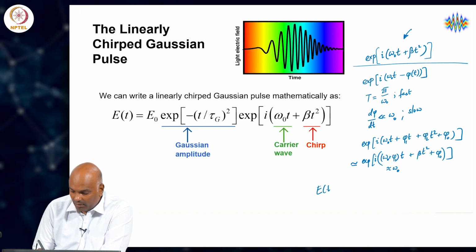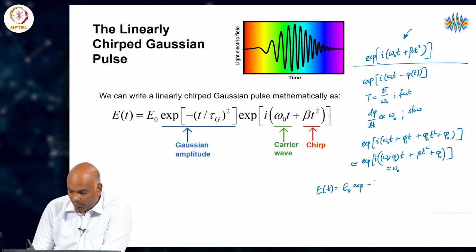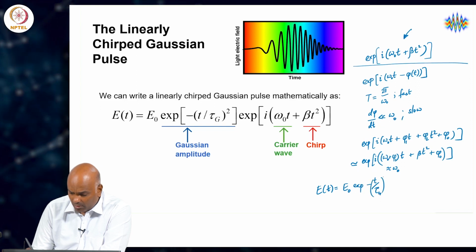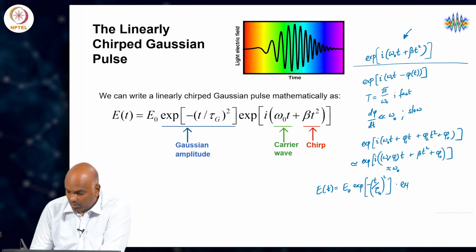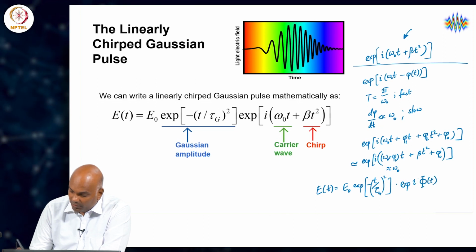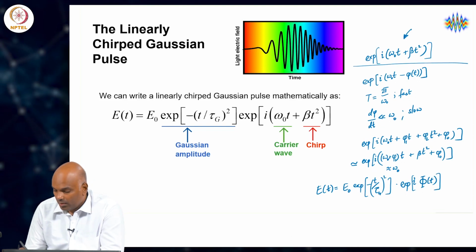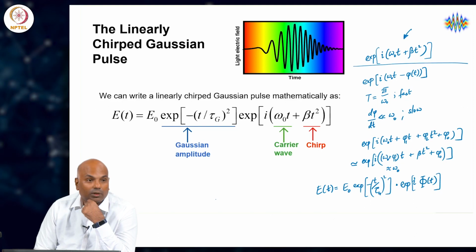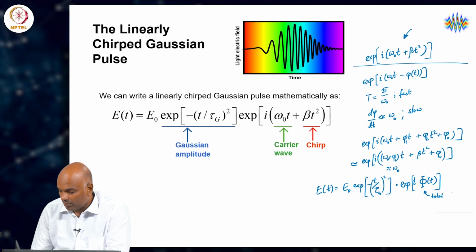A more rigorous way to approach this would be to consider the electric field to be of the following type. Now, let me use a different phi for this. Exponent of i, capital phi of t. Capital phi is a total phase function.